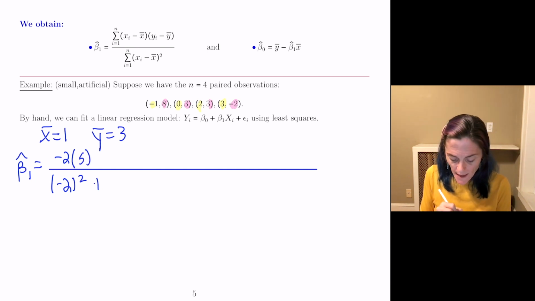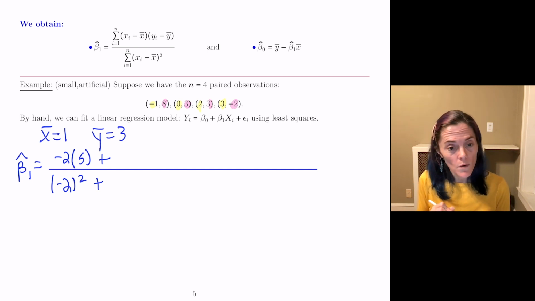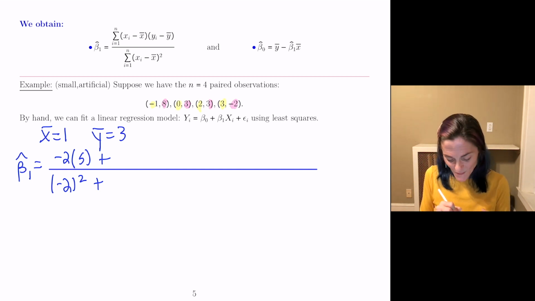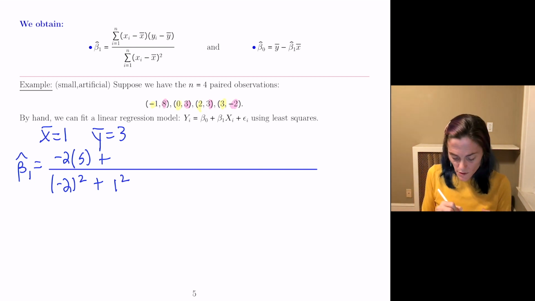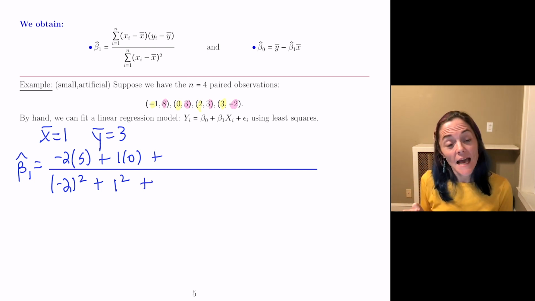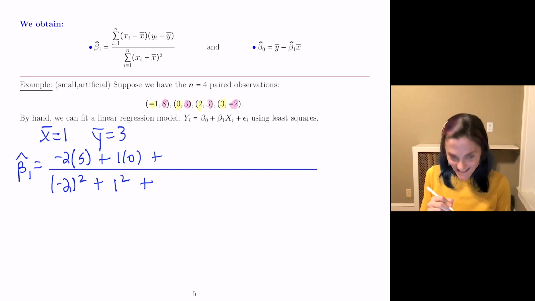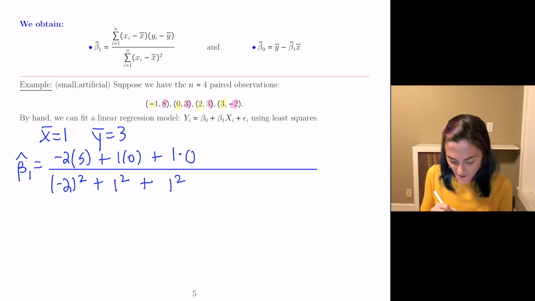Okay, now we can do i equals 2. X is 0, so I have 1 squared. The y is 3. Oh, so I have 1 times 0. Very nice. Now for i equals 3. The x is 2, so I have 1 squared. And the y is 3. Oh, I have another 0.